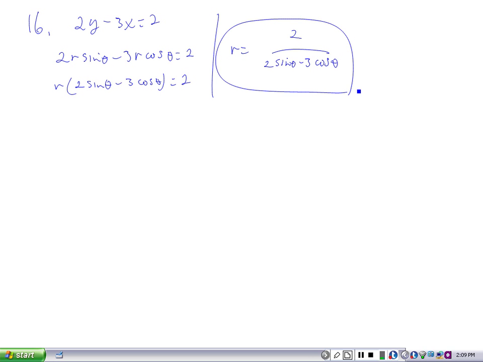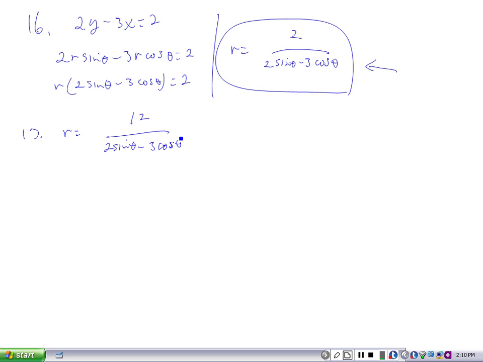Now I did that so that when you look at number 17, you can see how they wrote it, and they wrote it just like this guy. They have r is equal to 12 all over 2 sine theta minus 3 cosine theta.